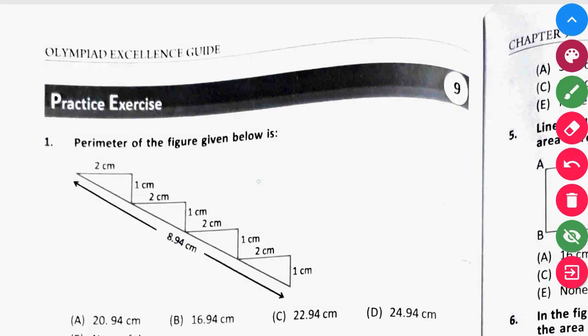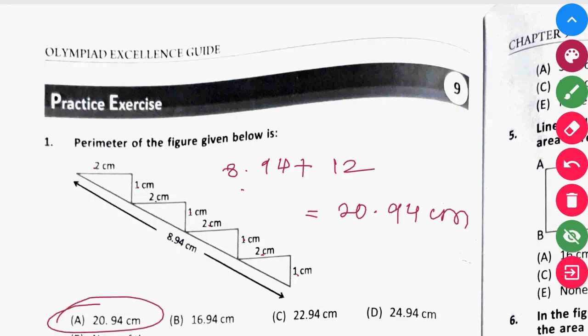Okay. This side is given to us, which is 8.94, plus 2 plus 1 is 3, plus 2 is 5, 6, 8, 9, 11, 12. So 8.94 plus 12, that is 20.94 centimeter.